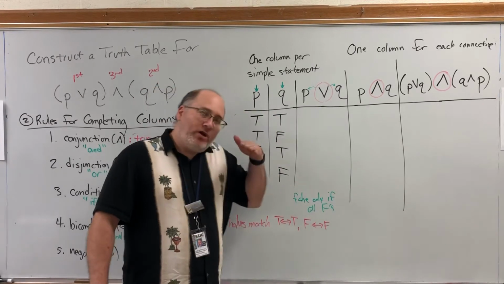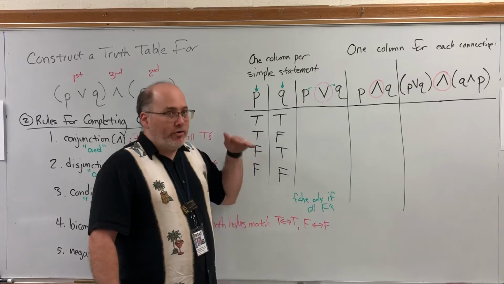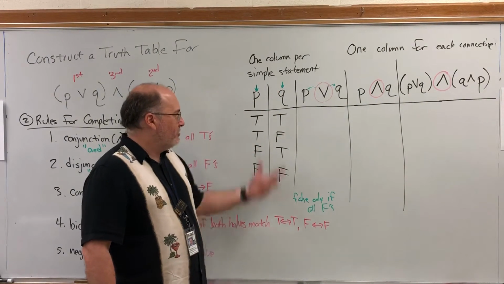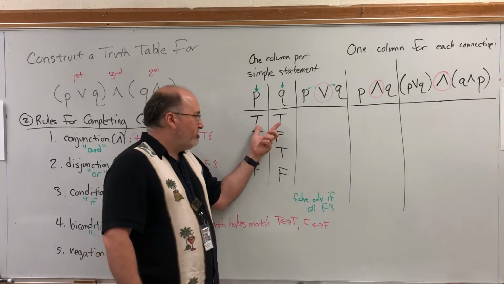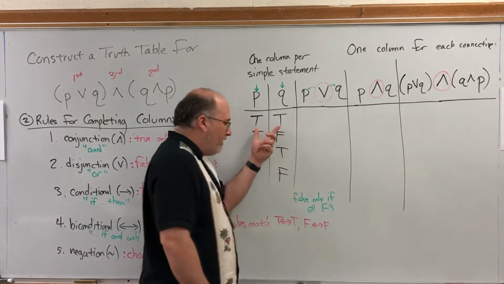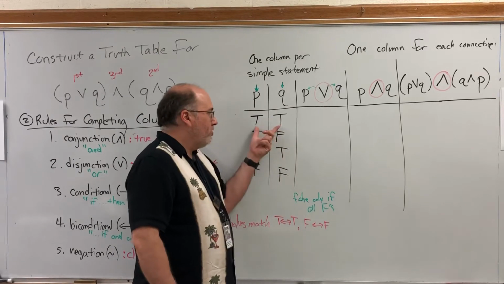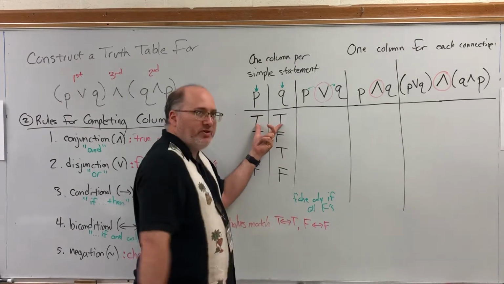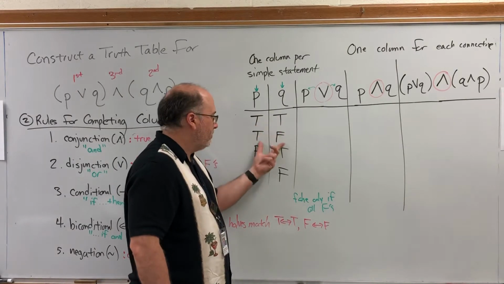When you do a rule, you do it on a row by row basis. So focusing on these two columns, let's go to the first row, which is T and T. The rule is false only if all F's. Are these all F's? No? Then this rule doesn't apply. Go to the next one.